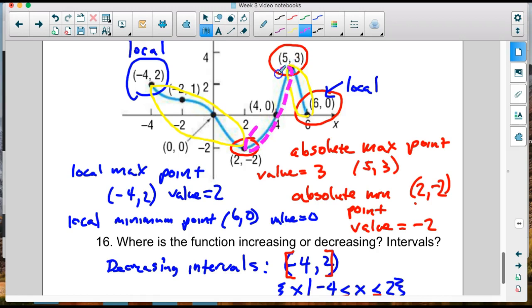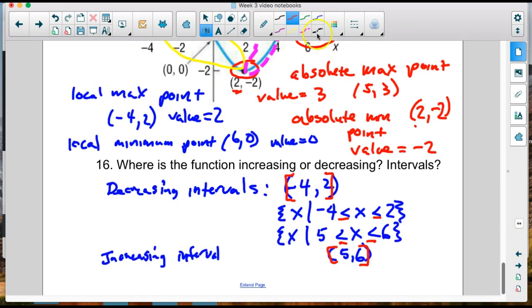It's going up there, so we're going to look at the x values here. 2 is the low, 5 is the high, so that interval is 2 to 5, going from the low number to the high number. Written in set builder notation, we go 2 less than or equal to x less than or equal to 5, so that we have everything between 2 and 5.